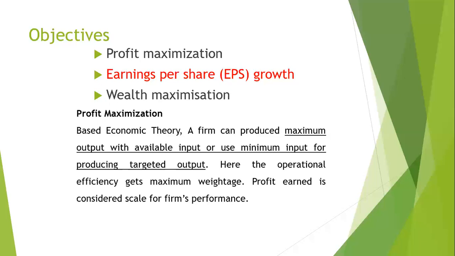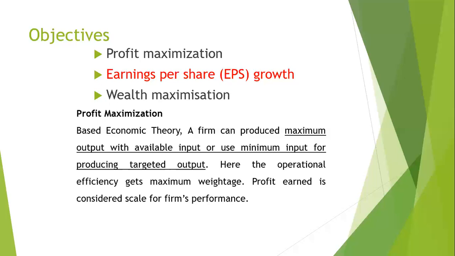They produced output with the minimum input, or with the available input they produced the maximum output, and it was dumped and forced to be sold to different customers. The ultimate aim was to earn maximum profit. This objective is called profit maximization.